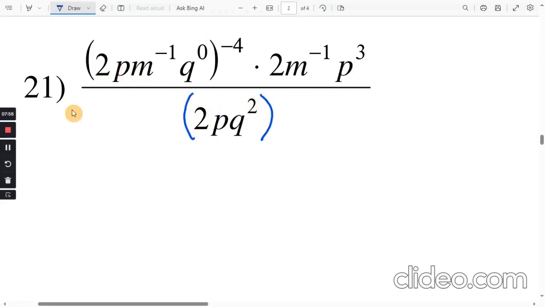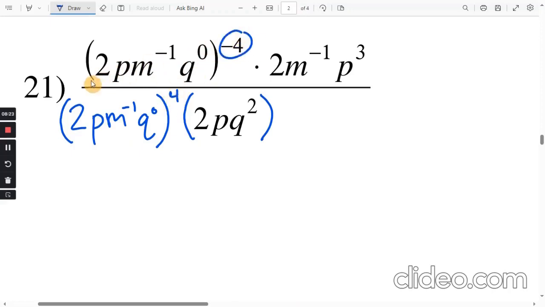I'm going to take this whole thing, let me recopy it: 2pm to the negative 1 times q to the 0. And that whole thing, parentheses, instead of negative 4, now it is positive 4. So I just move this whole thing, and I change the sign of the exponent.